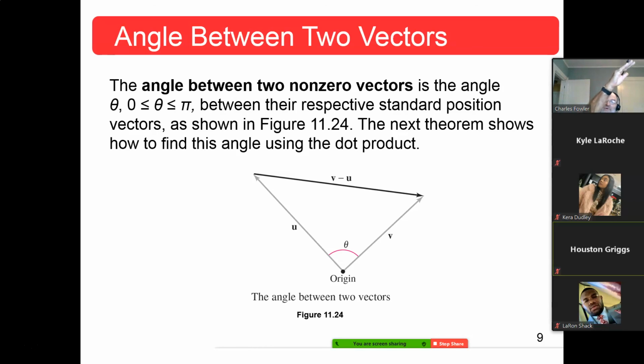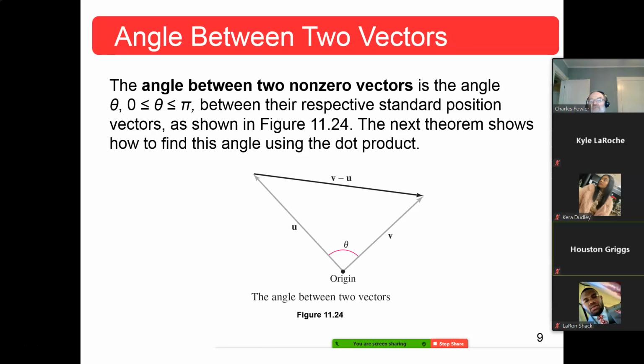If it's between 0 and pi halves, it's an acute angle. If it's between pi halves and pi, it's an obtuse angle. This is between their respective standard position vectors, as shown here.